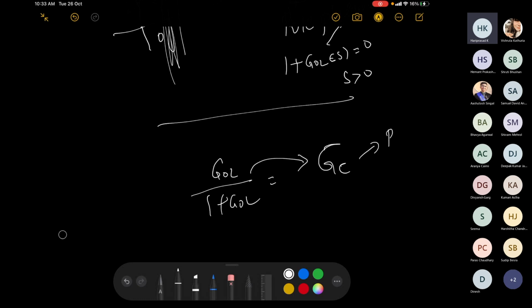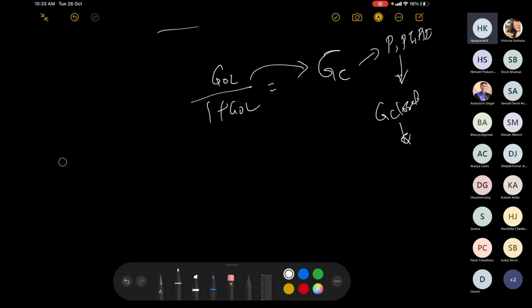We know there are three types of classical controller, and we can put all the elements needed to make a closed loop transfer function and analyze whether it is stable. Now let us learn whether we can tune this GC, the controller, so that we get the desired performance.